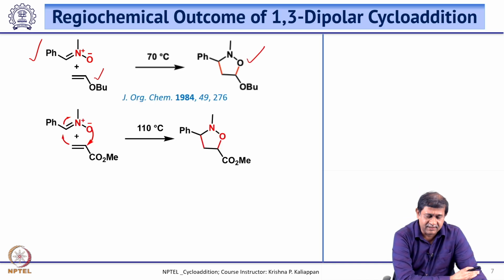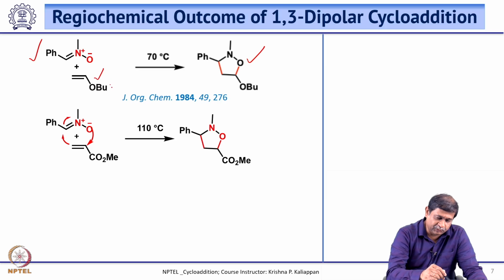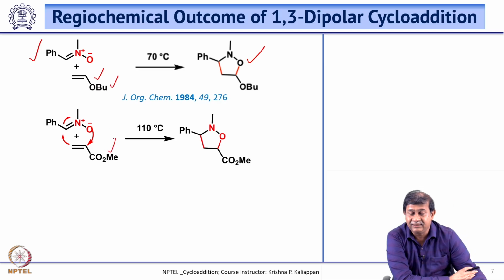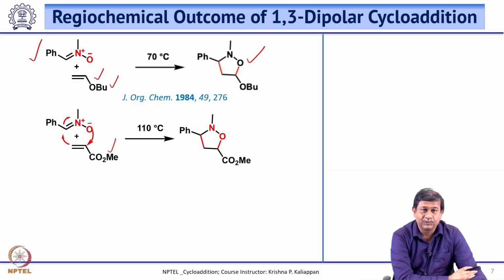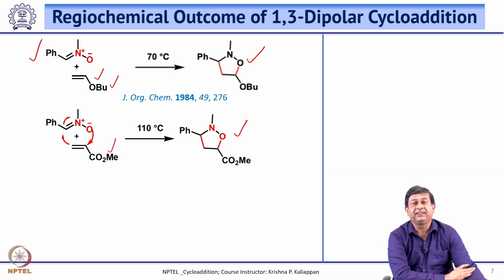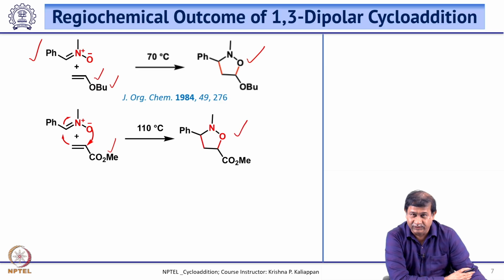And one can ask, compared to O-butyl, CO2Me is electron withdrawing, but it is not that electron withdrawing. So, the regiochemical outcome does not differ much. So, this is the major regioisomer you get when you do this 1,3-dipolar cycloaddition with methyl acrylate.